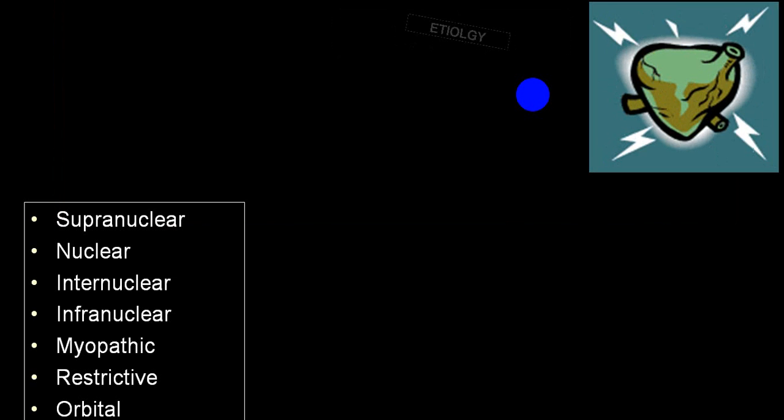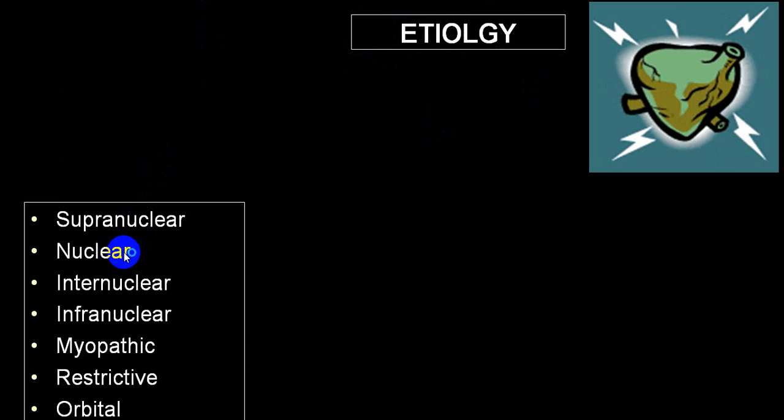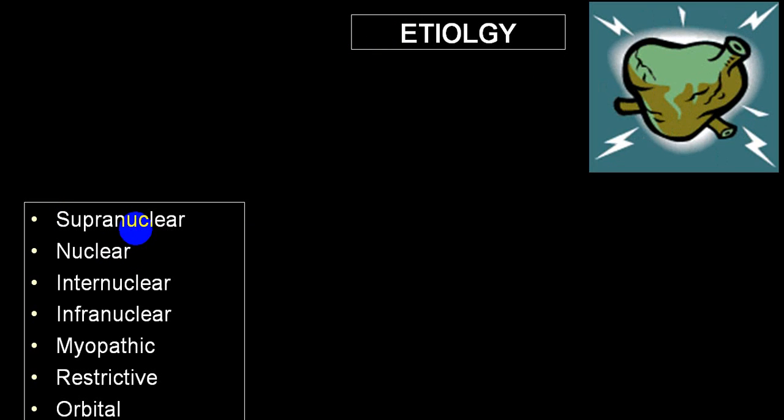So now, if you put the etiology together, depending upon the damage, we can put them into supranuclear group, nuclear group, that is if there is a damage to the nucleus, supranuclear group, that is a damage above the brainstem, internuclear, that is a damage to the different fascicles, we call internuclear ophthalmoplegia.